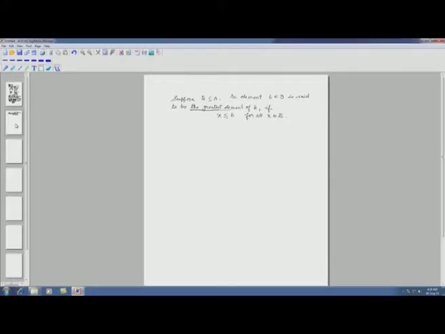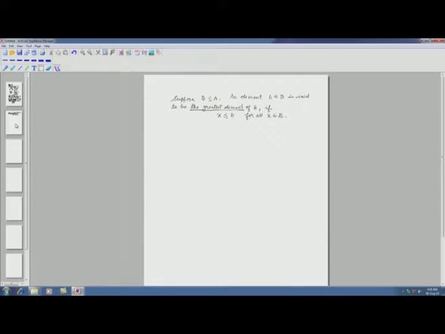Again, by using the same argument as before, we can infer that if a greatest element exists, then it has to be unique.